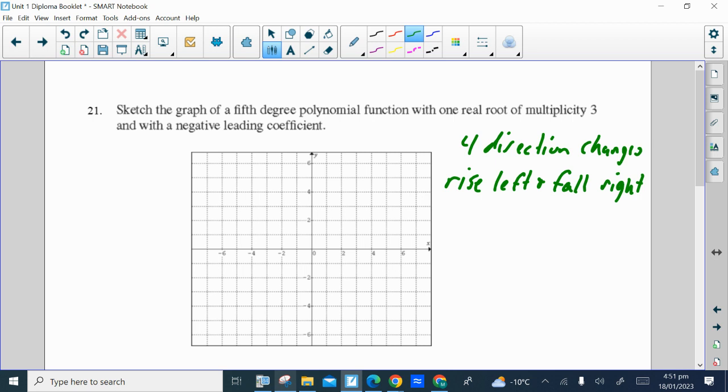And if it has one real root with a multiplicity of 3, that means a point of inflection there.